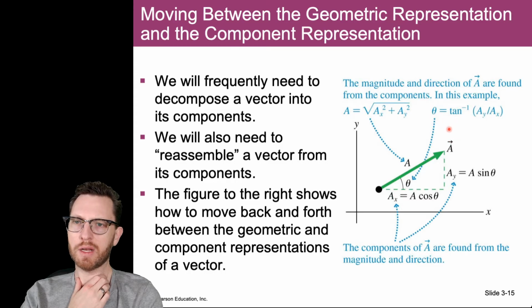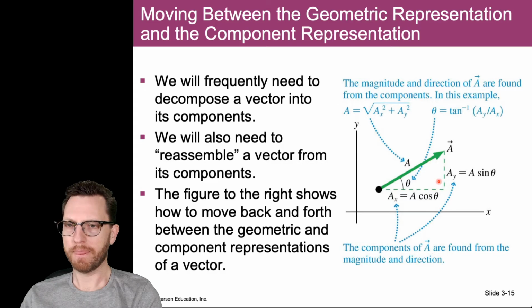That angle has got to be related to the tangent of my angle theta, which has just got to be AY over AX. Remember, tangent of theta is just my opposite side over my adjacent side in my right triangle here. And I also have the vector components here. I know those vector components are just A cosine theta, and AY is just A sine theta.